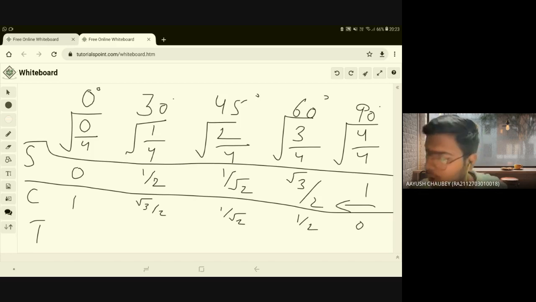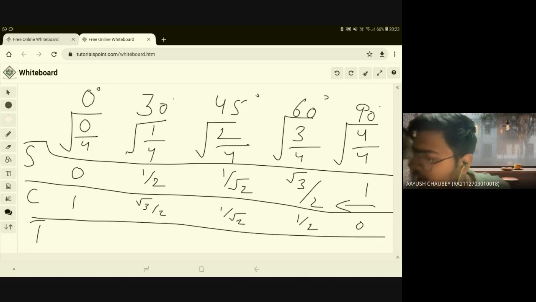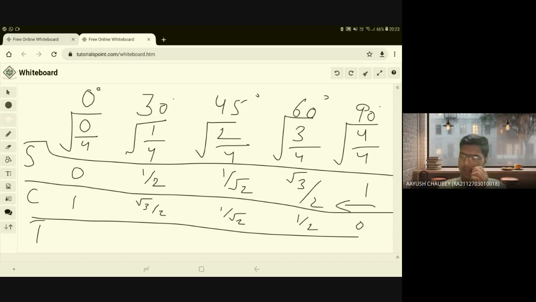And as I told you earlier, tan is nothing but sine by cos. So you can calculate it right there. It would be 0, then 1 by root 3, then 1, then root 3, and here you will get 1 by 0.